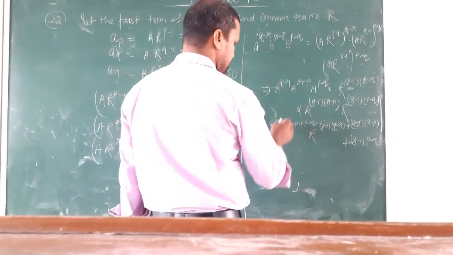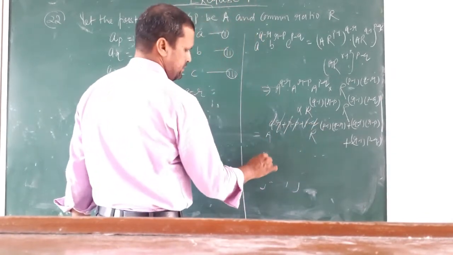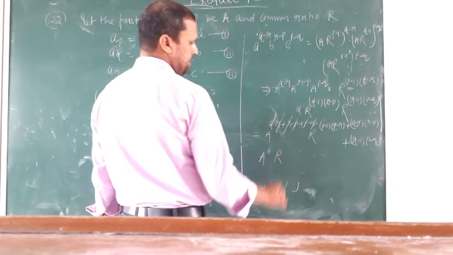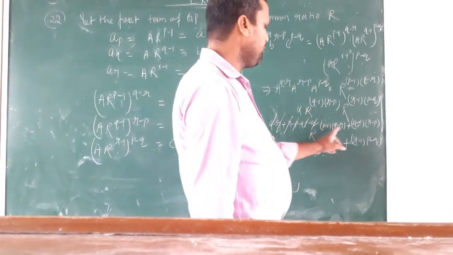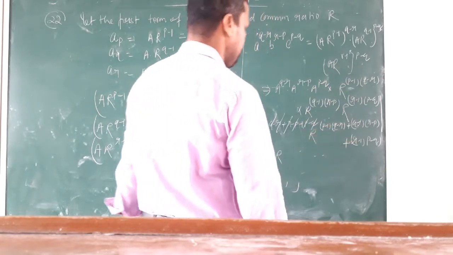The exponent of A cancels out, so A to the power 0, into r to the power. When we multiply and add, we will get r to the power 0 also.